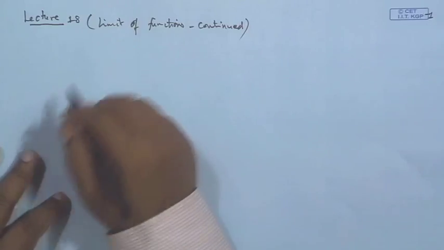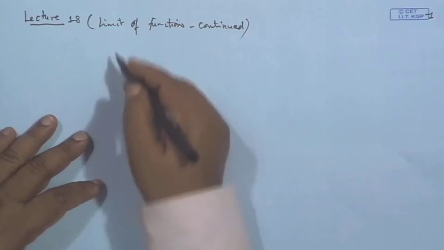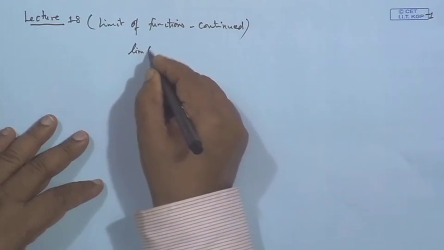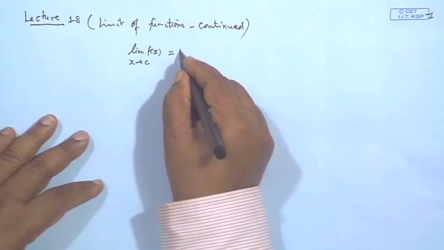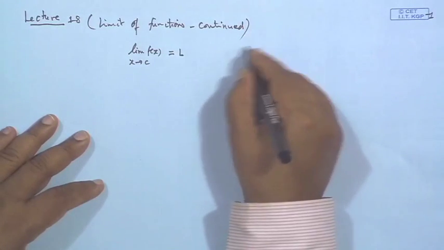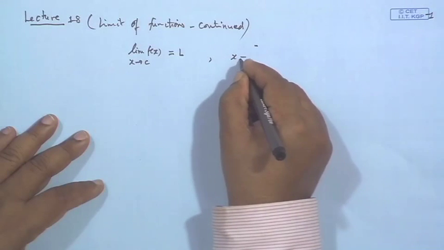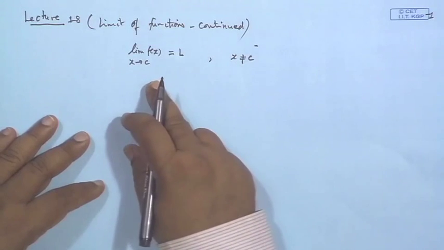Okay. So, we were discussing the limit of functions, and the way we have defined it is, we say the limit of this function f(x) when x tends to c is, say, L, where x is not equal to c.